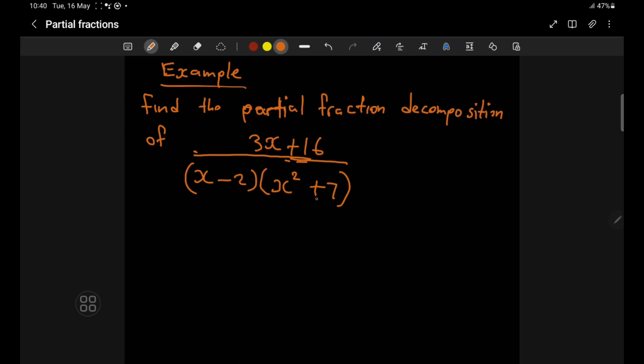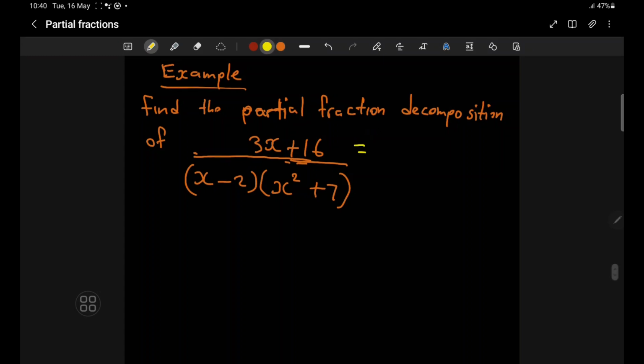And since we can't reduce the expression, our decomposition will be of the form: since this is non-repeated, we'll have a over x minus 2 plus. Since this is a quadratic that is irreducible and non-repeated, we'll have bx plus c over the same quadratic expression, which is x squared plus 7. So this is the decomposition it will take.